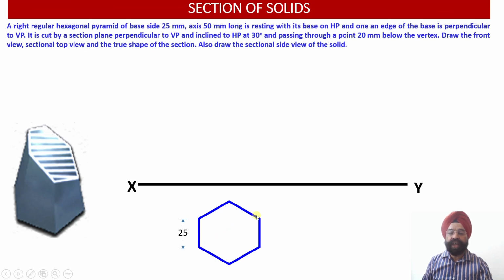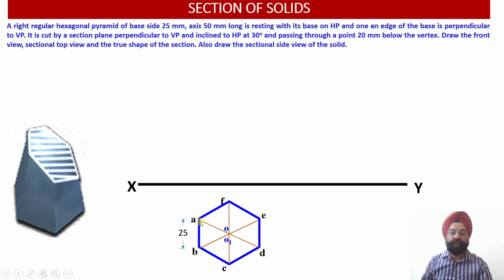Now we are going to join these diagonals, but before that let us do the numbering. So A, B, C, D, E, F, these are the corners of the base, and once we join the diagonals, you can see wherever 3 diagonals intersect, we get the axis point of this particular hexagonal pyramid.